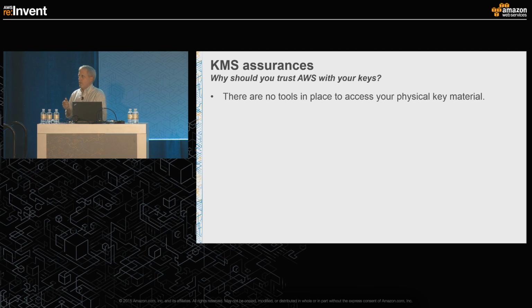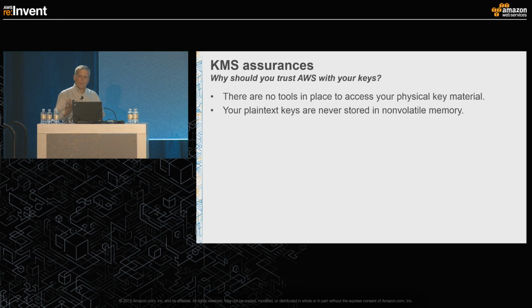So first of all, as I mentioned earlier, access to key material itself, the ability to take key material and use it outside the system to decrypt ciphertext I might be able to find, that's a real threat. We take that very seriously. And we have no tools in place to get access to raw bytes of your key. They don't exist.